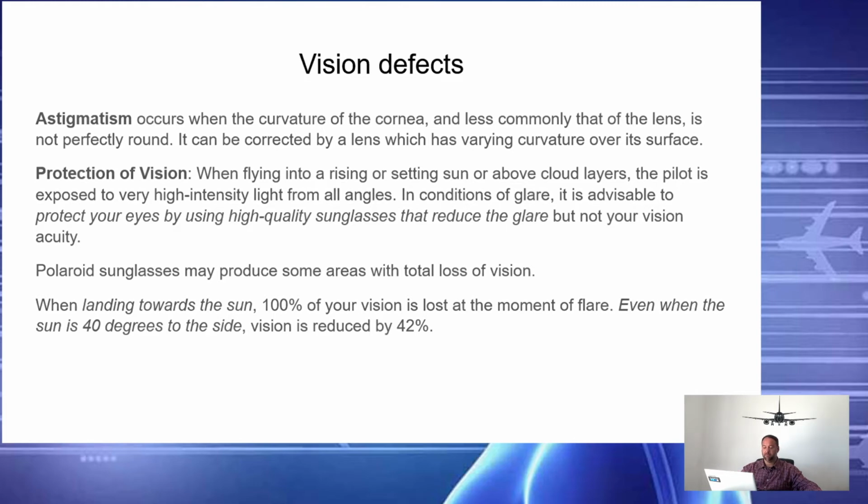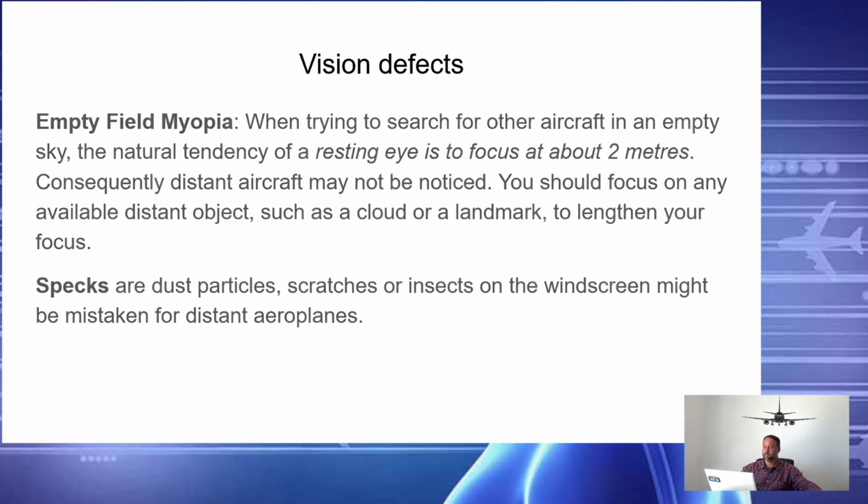Polarized sunglasses may produce some areas with total loss of vision. When landing towards the sun, you're facing the sun, 100% of your vision is lost at the moment of flare. Even when the sun is 4 degrees to the side, vision is reduced by 42%.